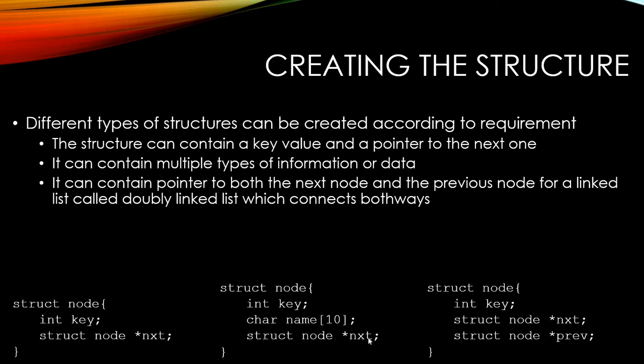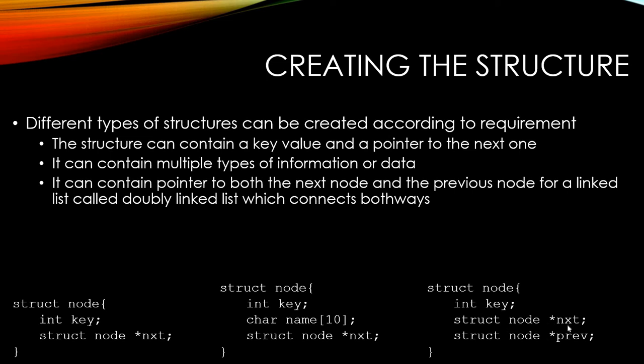As you can see, it contains the same node pointer, but now instead of one information, int key, it contains another information, name. So these two variables can keep information and the third variable can point to the next data type. And for a doubly linked list, it can contain two pointers and only one data variable.